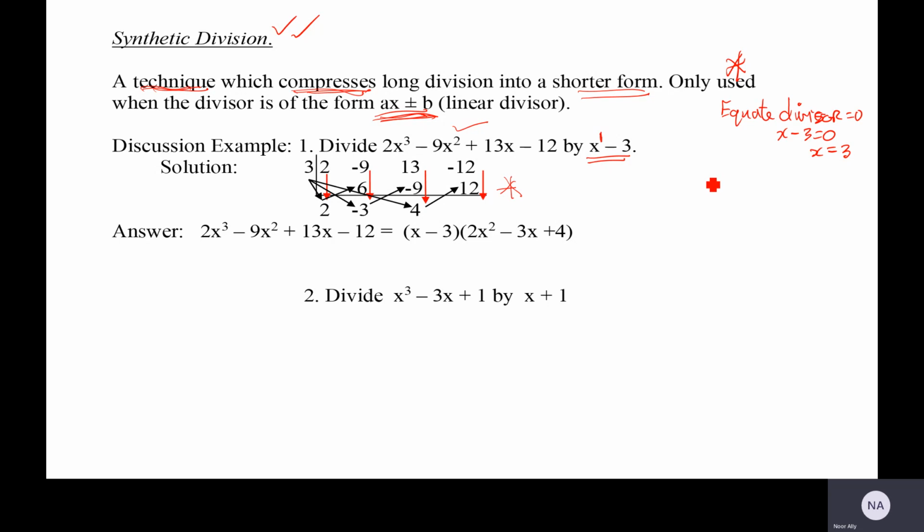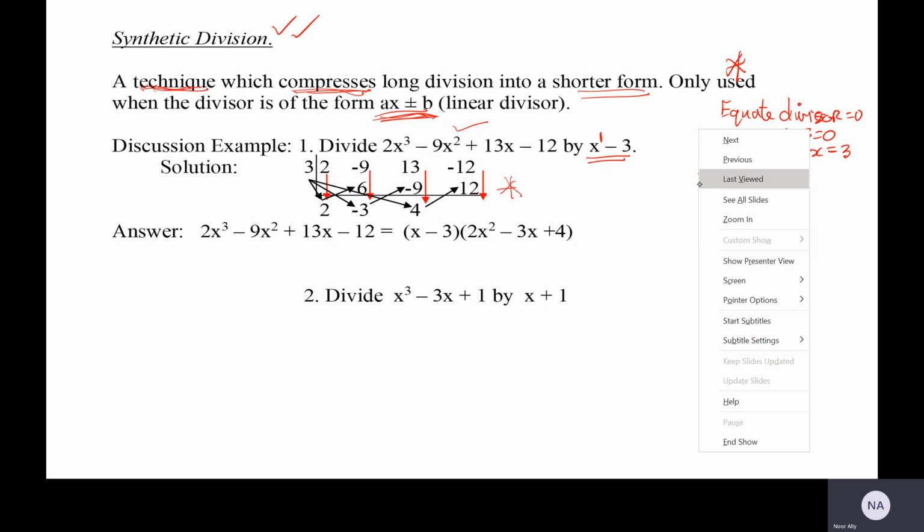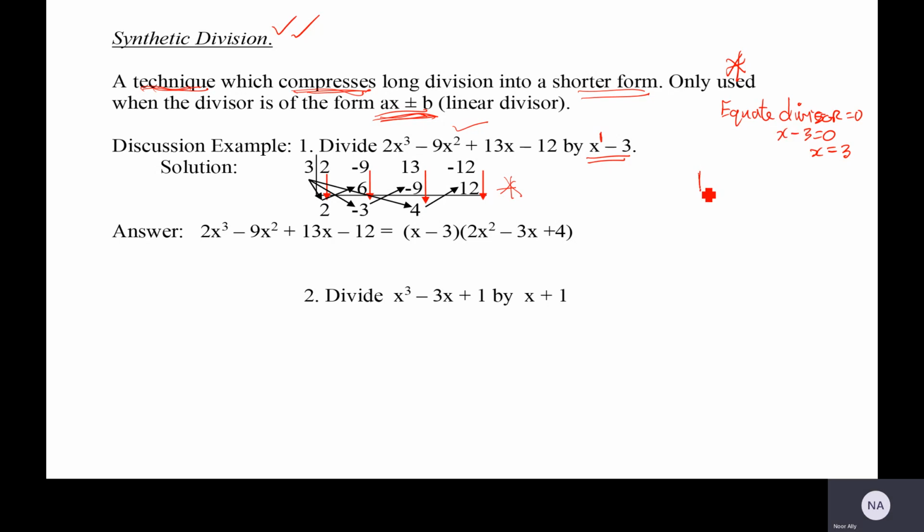Let's draw the table first. I want you to draw a table of this nature. A vertical line, then a horizontal one. On the right-hand side of that vertical line, you put in the coefficients of the dividend in decreasing powers. So if I take the highest power x cubed, the coefficient is 2.